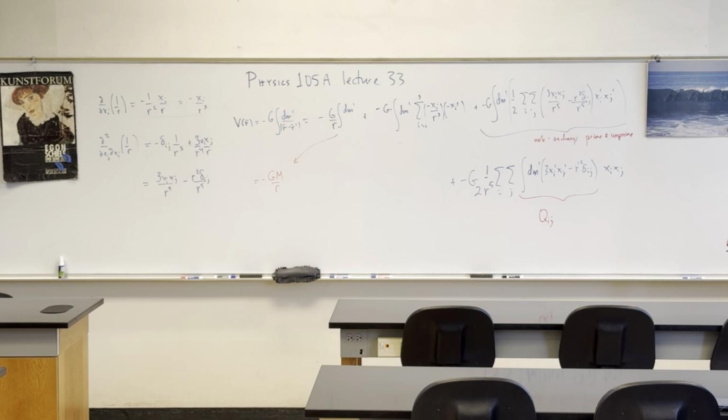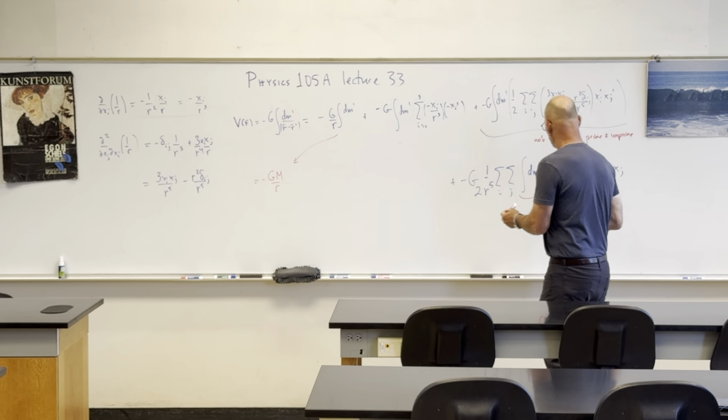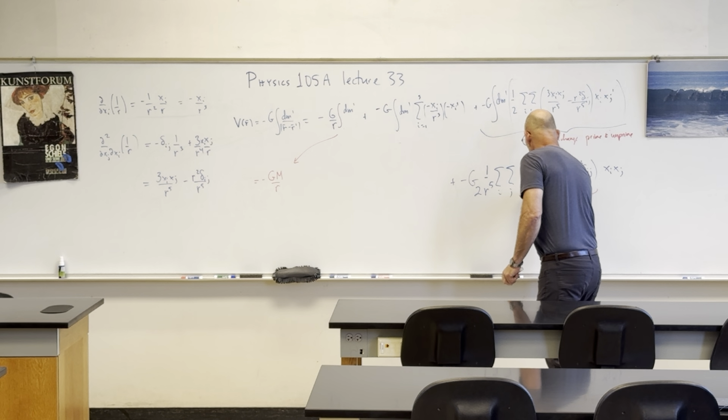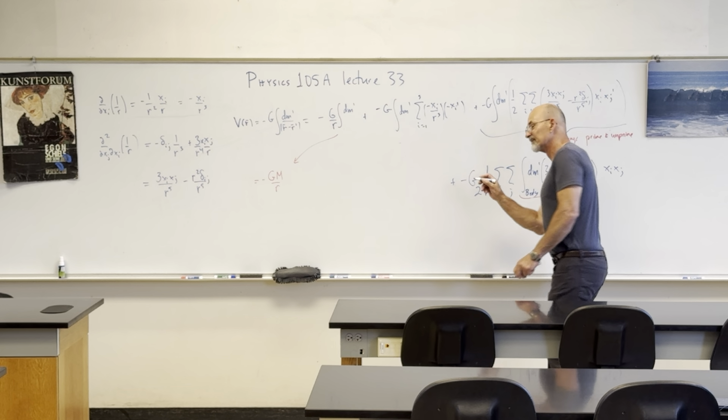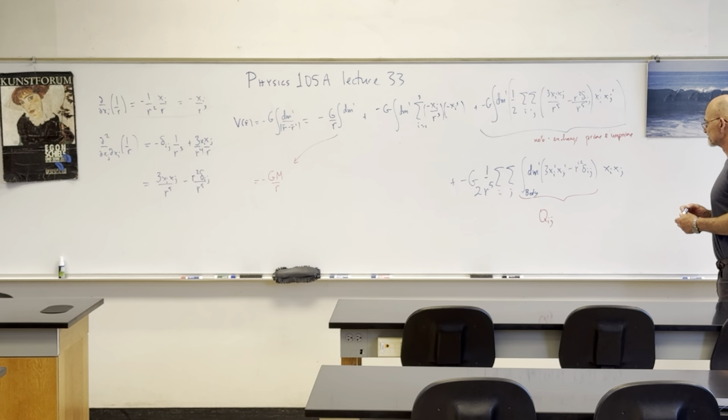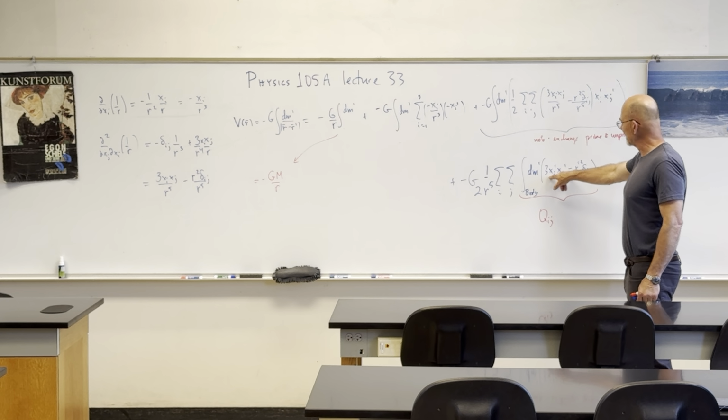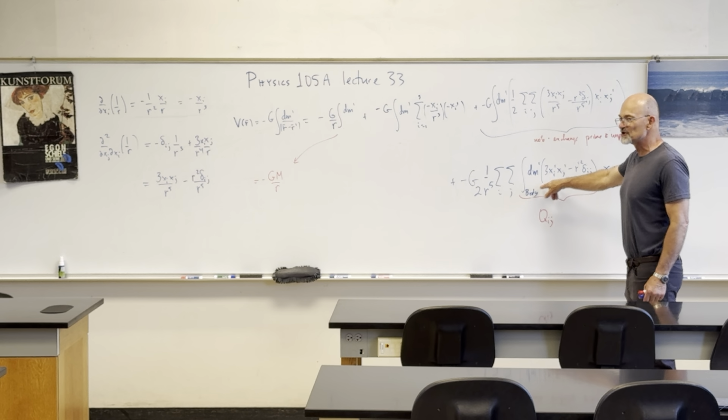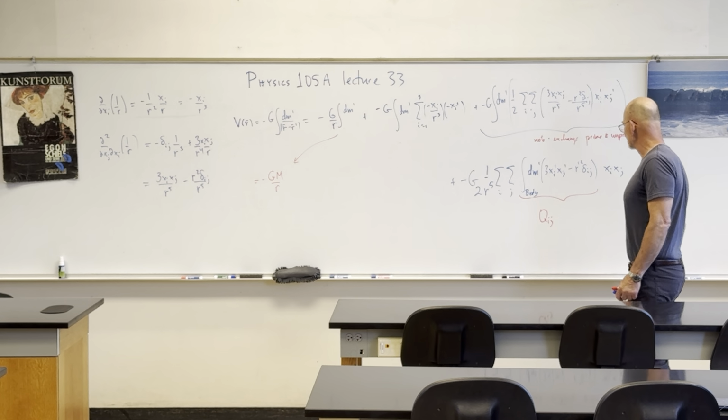Okay, so before we go on, I'm going to ponder this for a moment. What are we integrating over? We're integrating over that body that we started out with. And these are the coordinates of the body, with the origin at the center of mass.